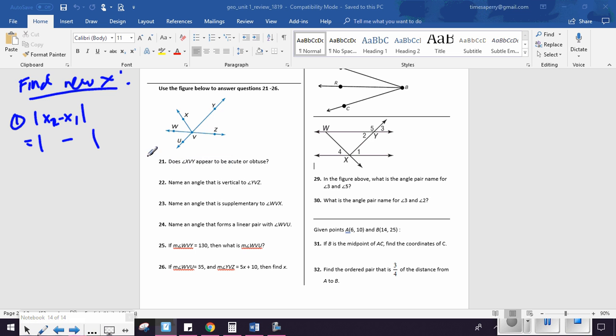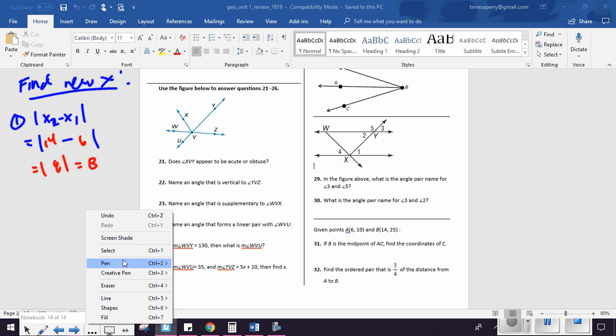So again, you should always start with the larger x. So that would be 14. And the smaller one is 6. So the total distance is the absolute value of 8, which is just 8.